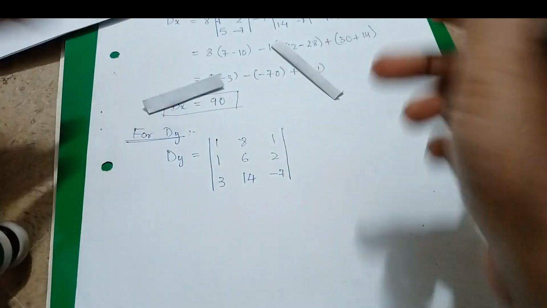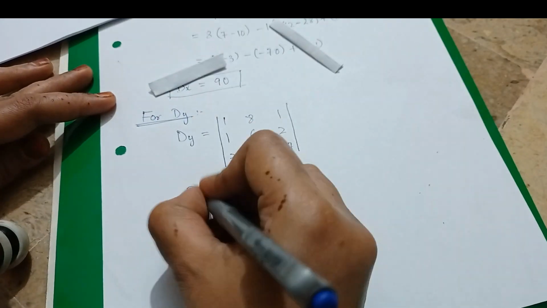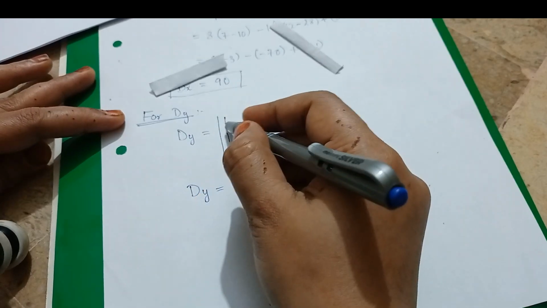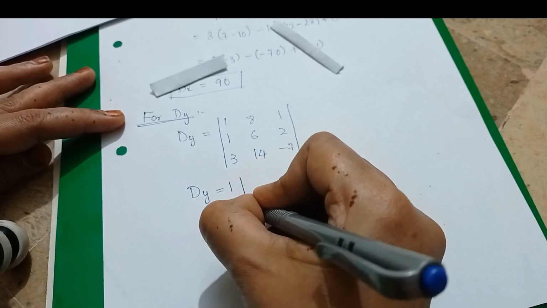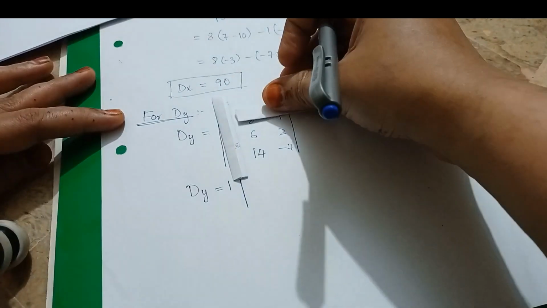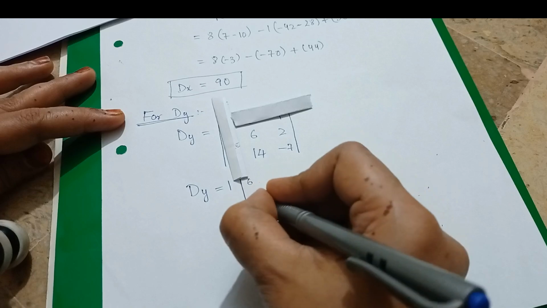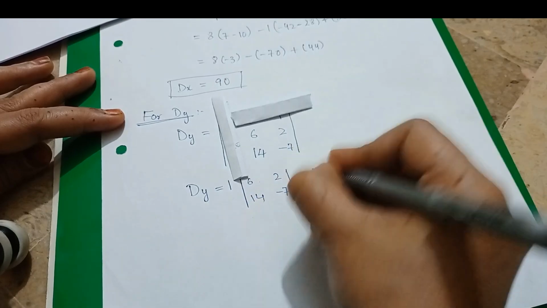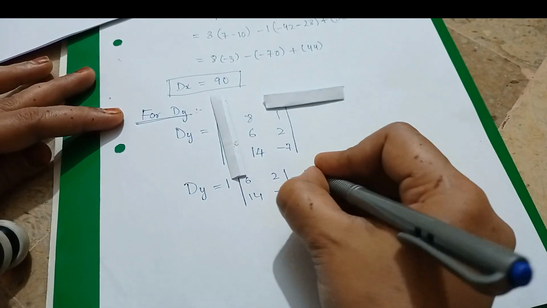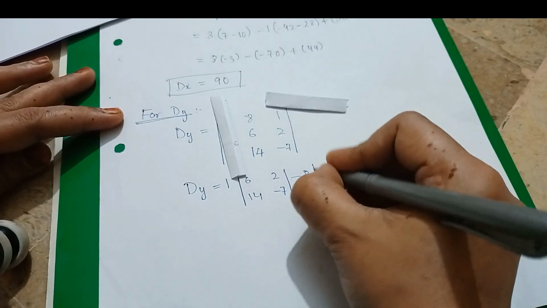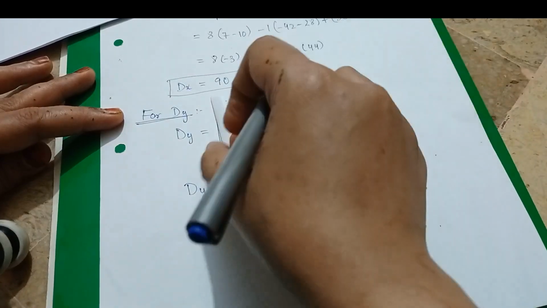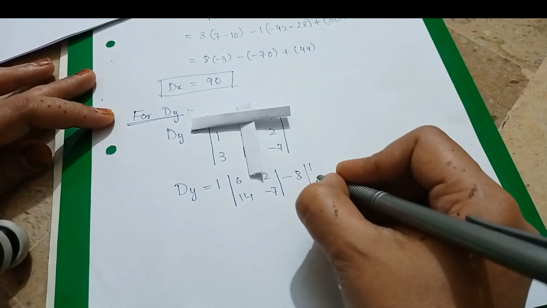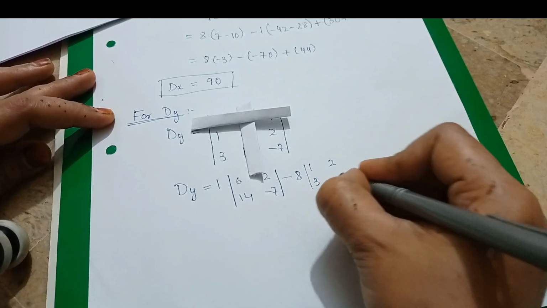Now how we can find the determinant? The same procedure is here. We get the value 1. Now hide this value 6, 14, 2 minus 7. Now we will get 8 minus 8 determinant 1, 3, 2 minus 7.